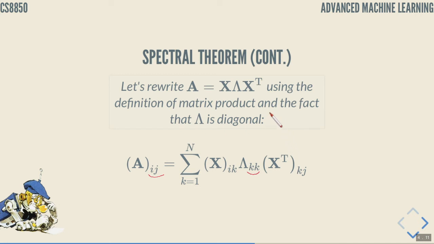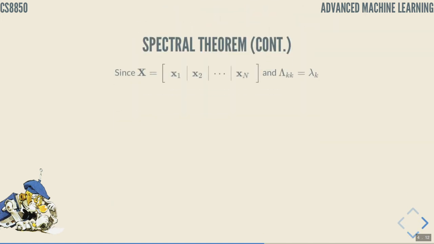The trick is, I'm just writing this expression for one specific element of the A matrix, simply multiplying component-wise. But bear with me. X is just the vectors x1, x2, through xn, the eigenvectors concatenated together.